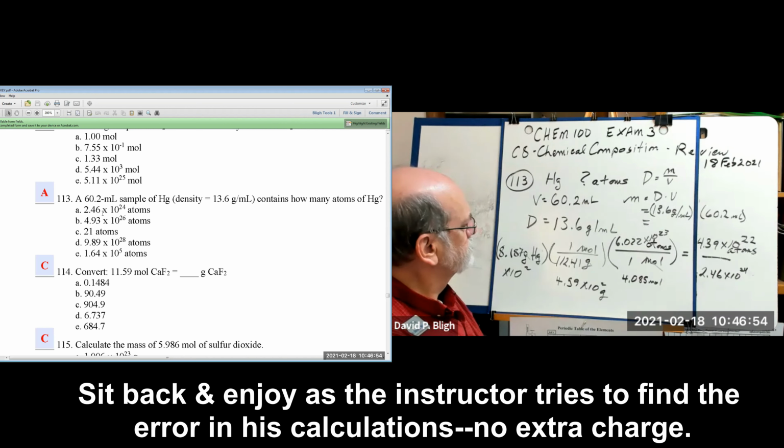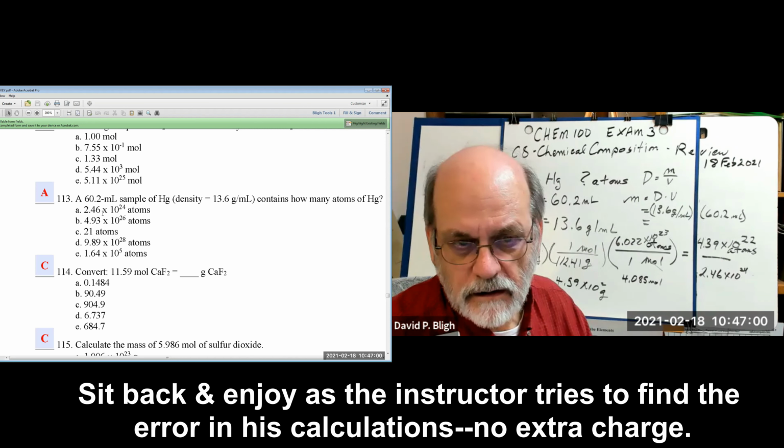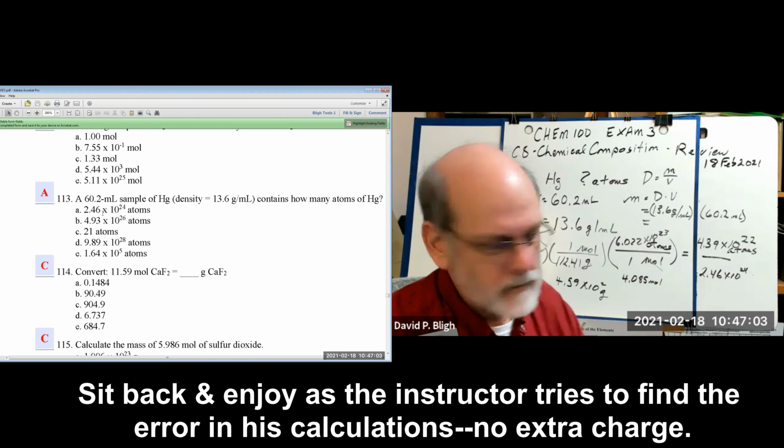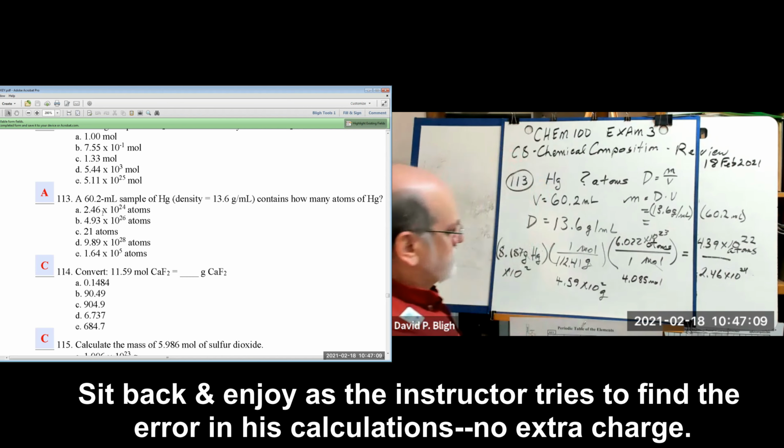Why is it not right? Mercury's not diatomic. If I do that right, I get 7.283 grams, moles.